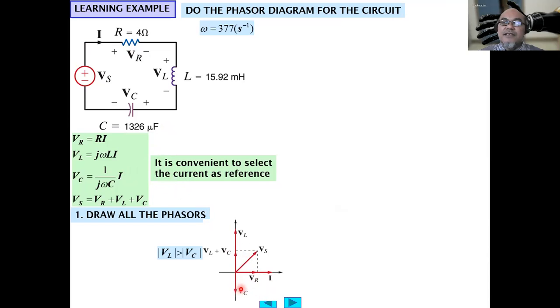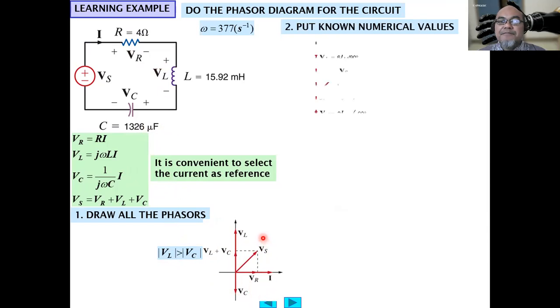So we draw Vc in the negative y-axis. If VL is larger than Vc, then the resultant Vs will be inductive, in the positive y-axis region.